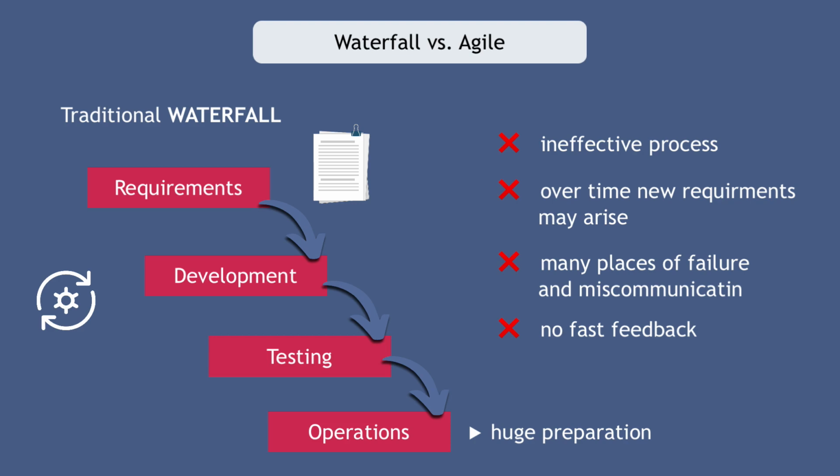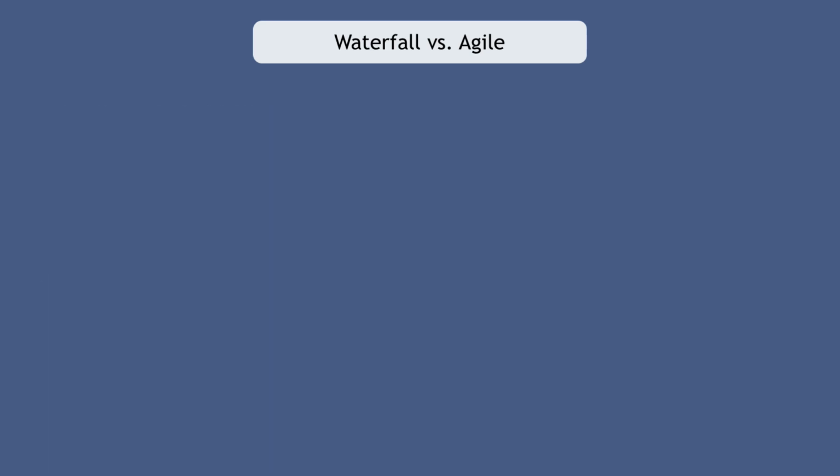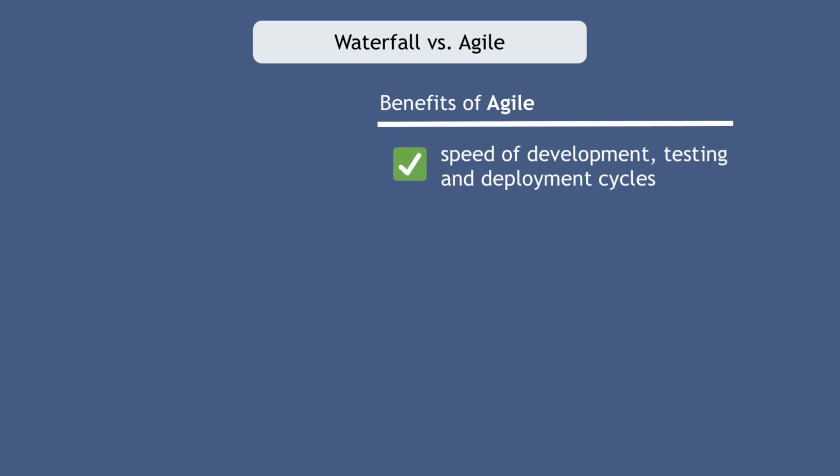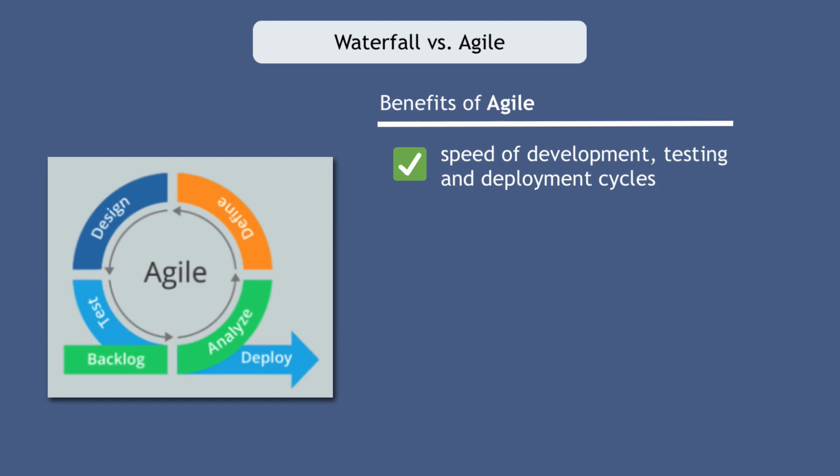So as an alternative to the waterfall method, a very different methodology was developed, which you probably heard of, called agile methodology for software development, which is actually pretty popular and is becoming increasingly popular across organizations and companies. The main benefit, the thing that it solves, is the speed of development, testing, and deploying cycles.